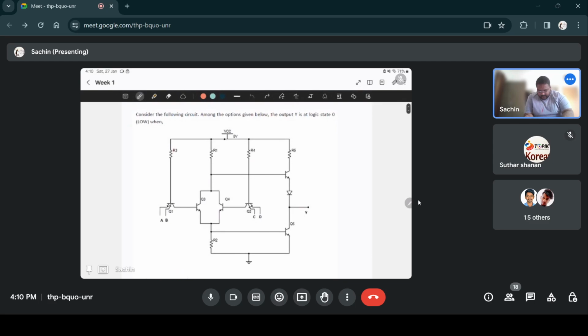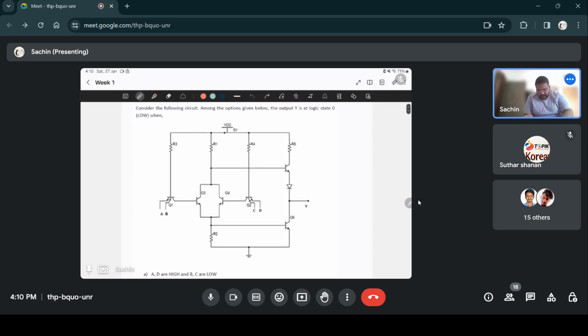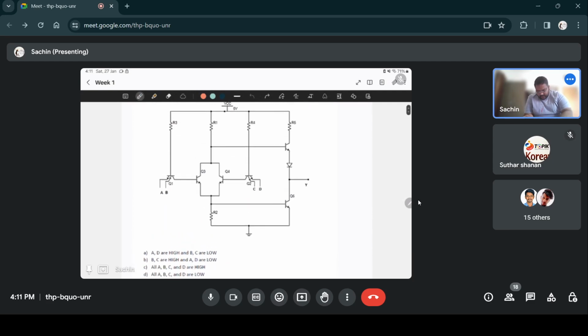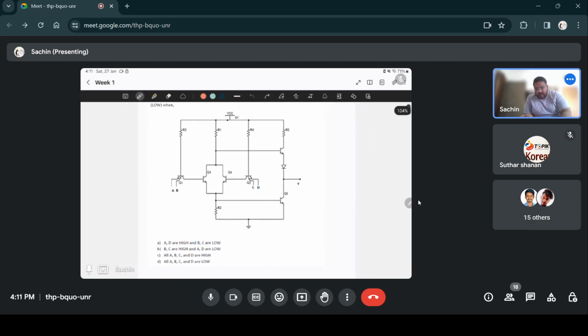Okay. So here is the first question. A circuit has been given, and among the options, the output Y is at logic state 0 when. There are four options, and each has a different configuration for the input values.